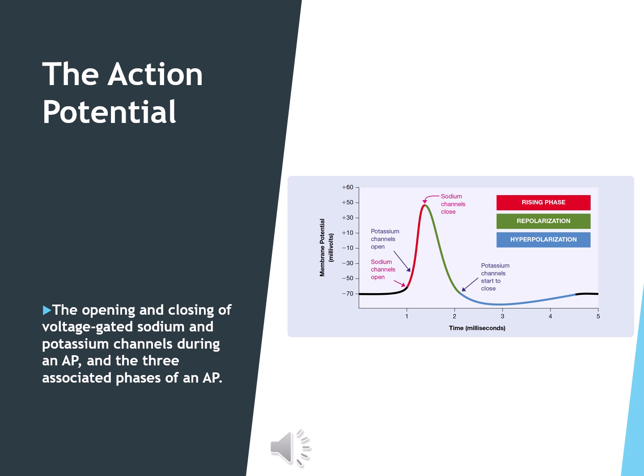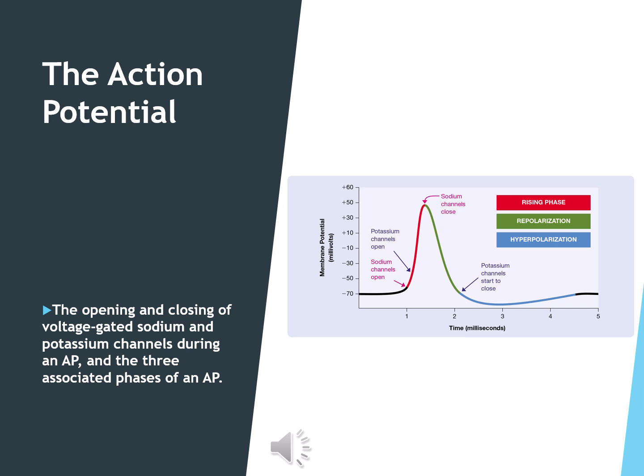The 1.4 millisecond to the 2.2 milliseconds, this is at the peak of the 50 millivolts. The sodium channels close, and there is a steep downward curve ending at -70 when potassium channels start to close. This phase is called the repolarization. The 2.2 to 4.5 milliseconds, this is the downward curve.